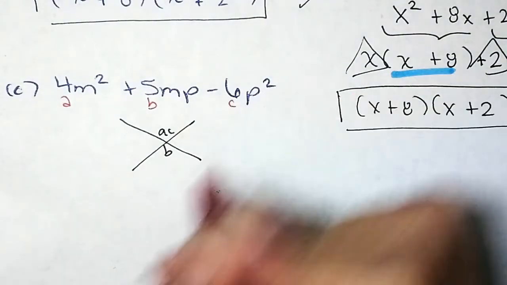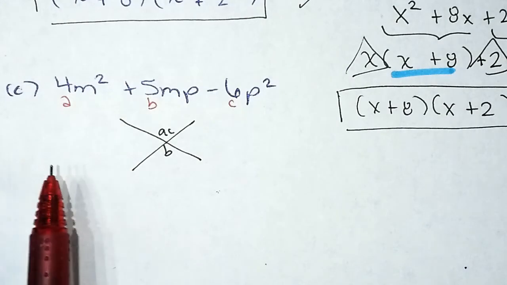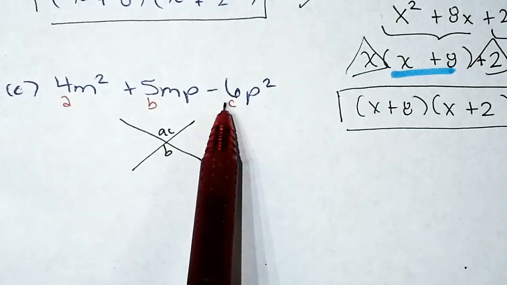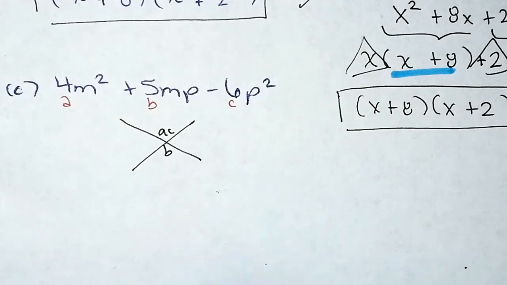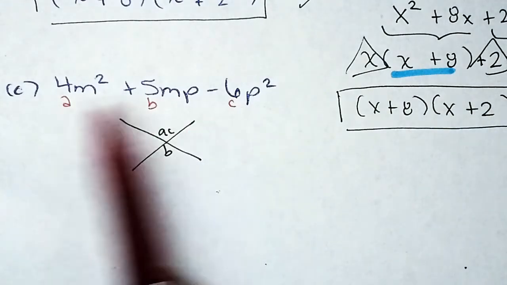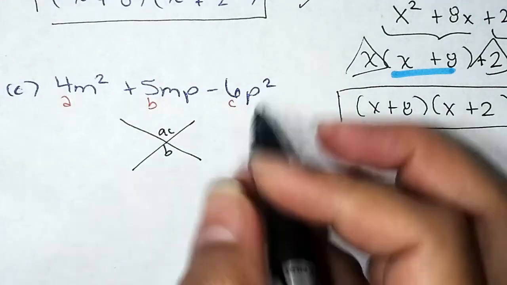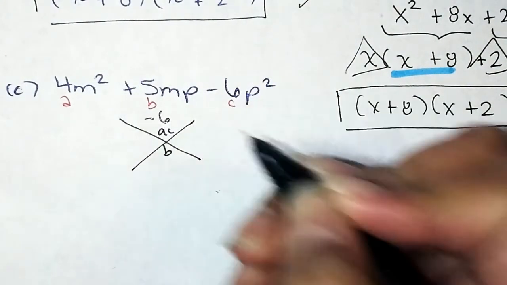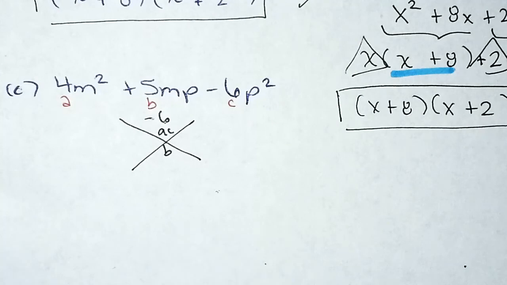C is the coefficient of that third term. This is where me and some books fight. They will say that C is the entire 6p squared. I'm not going to address that, but there's a reason why I just say A, B, and C are the coefficients. So the value of C is -6. I think the book will say -6p squared. Do what you've got to do as long as you get it right.